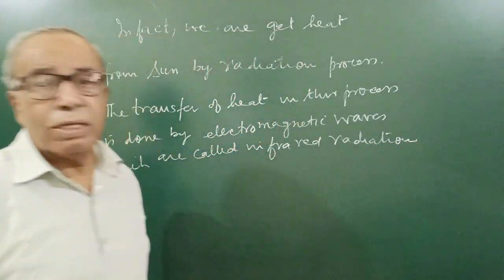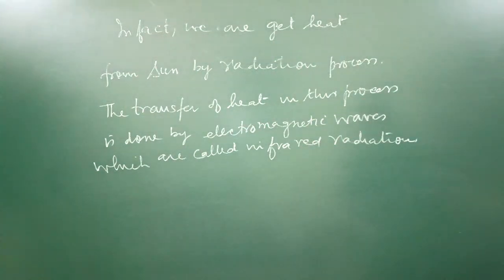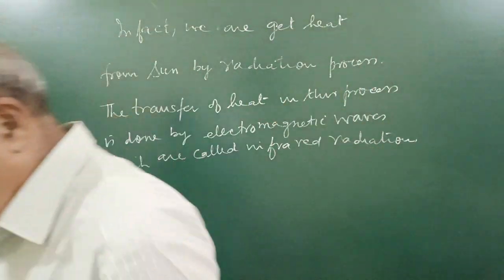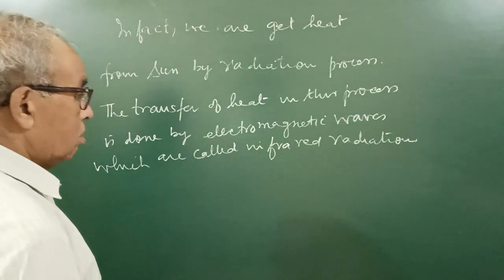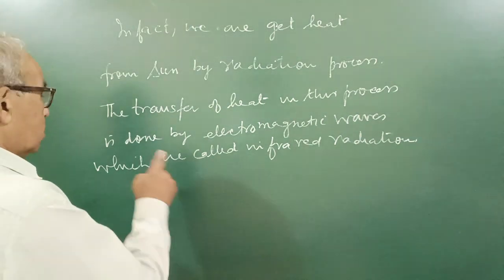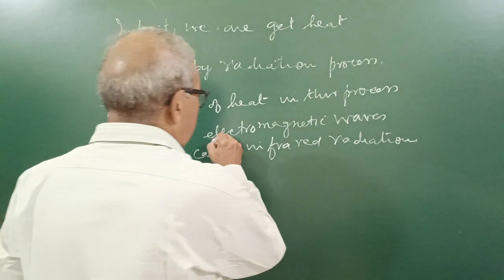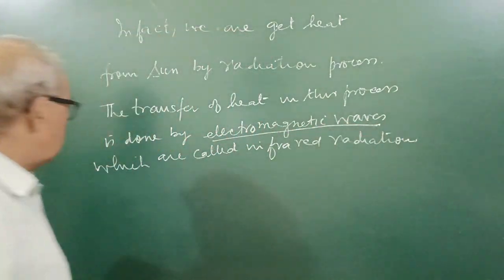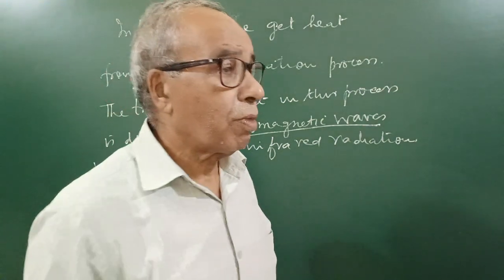In class 11, not only in class 11, in higher classes also, students do not really understand what a wave is. I told you that transfer of heat in this process is done by electromagnetic waves, which are called infrared radiation.